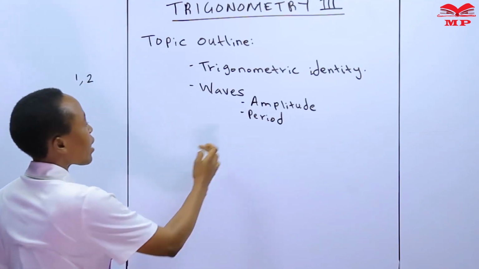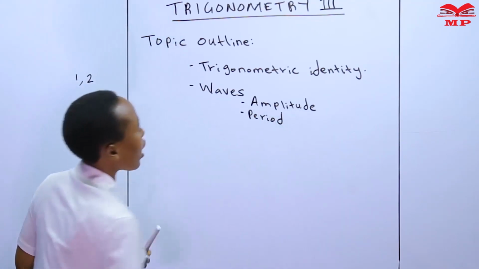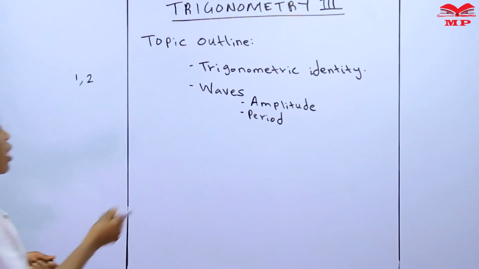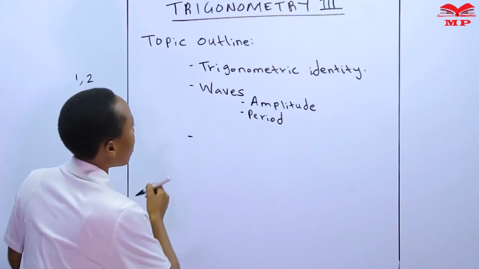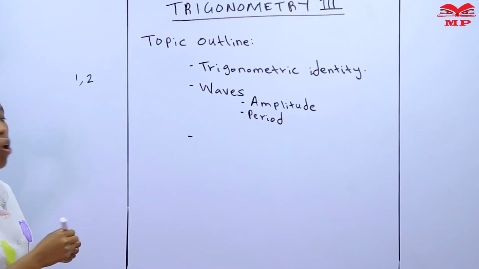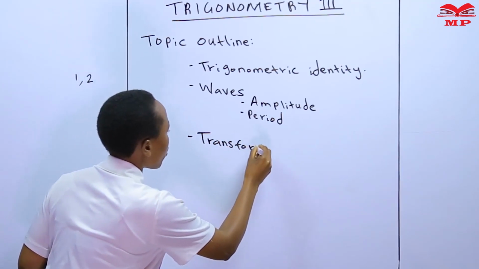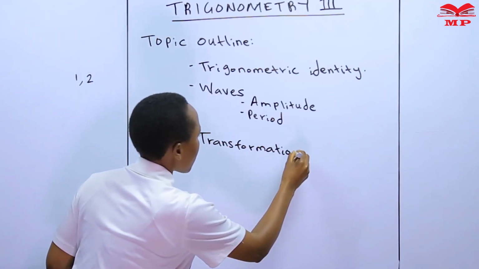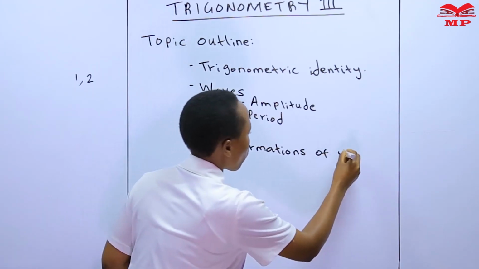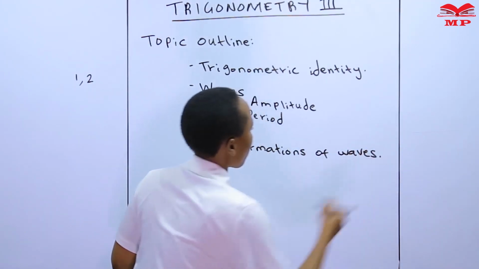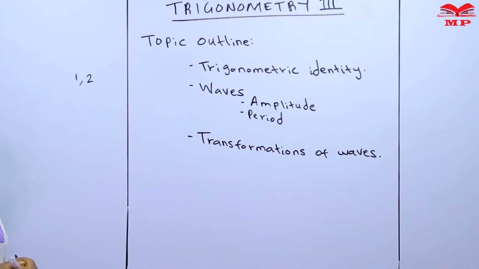So what we are adding in this case is the amplitude and the period. Then after that, we'll also look at the transformations of waves.